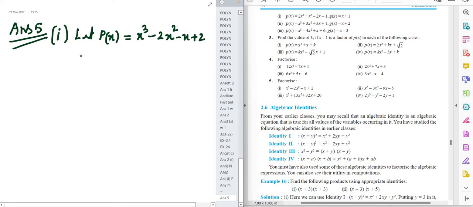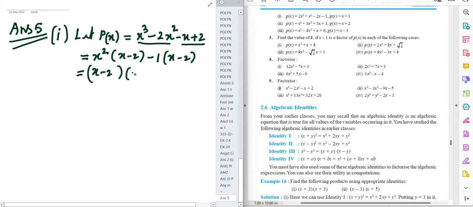Okay, here one thing we can observe from first and second and third and fourth. If we take common, then we are getting factor x square. If we take common, then we are getting x minus 2. And minus 1 if we take common, then x minus 2. These two are same. We can take common x minus 2. And second factor x square minus 1.